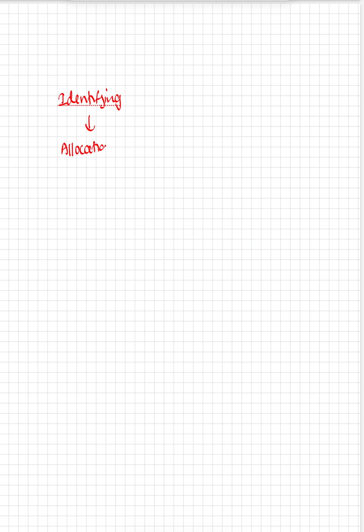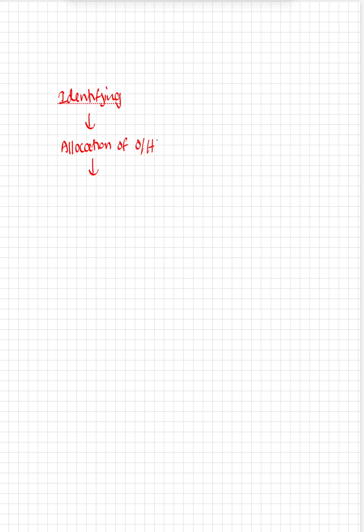Allocation of overheads means it is directly allocated for each production department, and if there's any service department. So this is known as allocation of overhead.